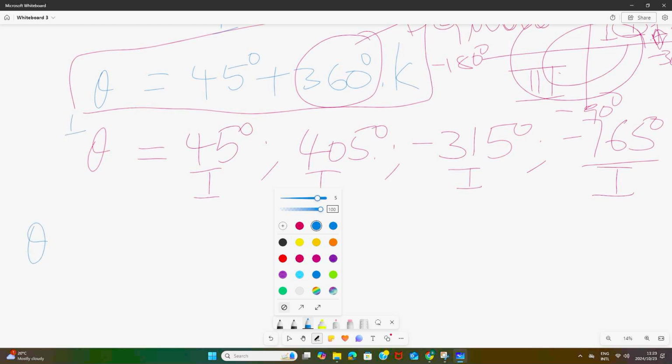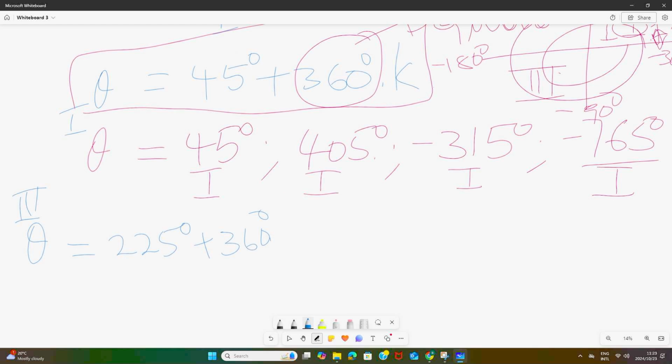This one is in the first quadrant, and this one must represent the third quadrant. We said that in the third quadrant, that reference angle, which is 45 degrees, is giving us 225 degrees plus 360 times k, where k is an element of integers. You have already said that.